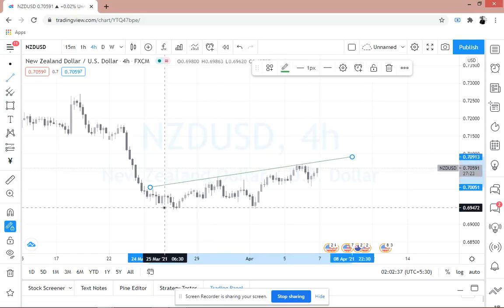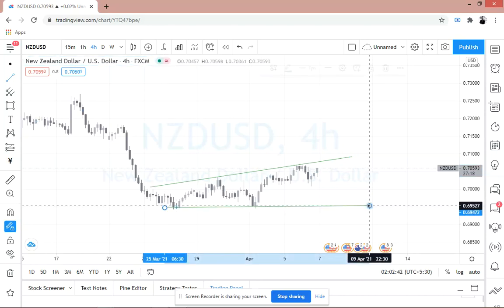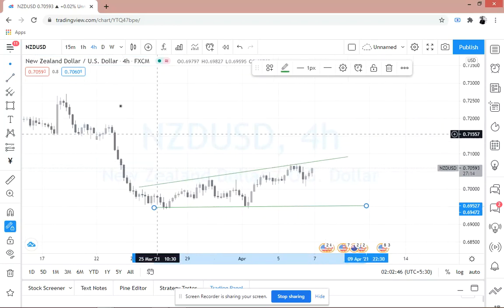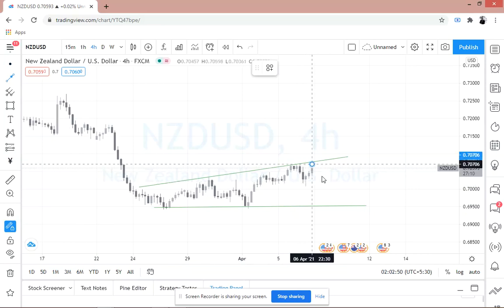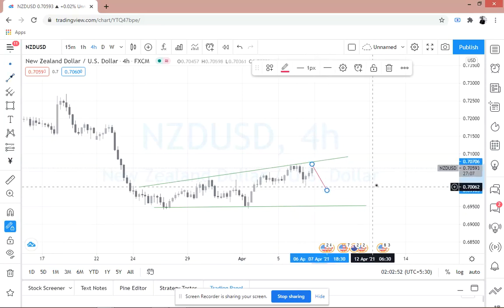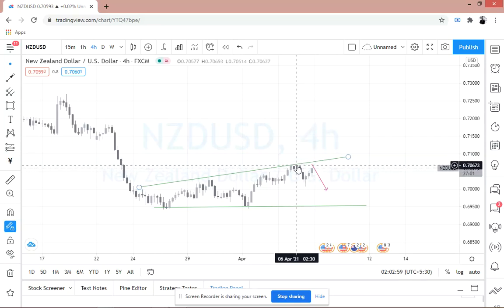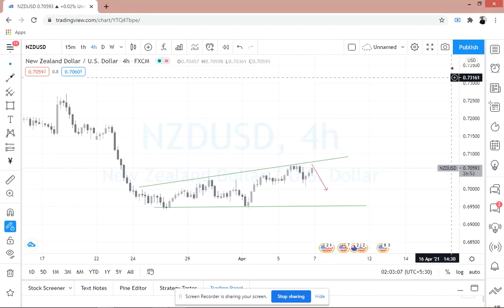We have buyers here. So according to this downtrend, I'm expecting sellers to enter from this level. So I'm expecting some sellers' entry from this trend line. The market might not reach the trend line, maybe make some rejection from this resistance. So we should expect sellers' entry on NZDUSD.